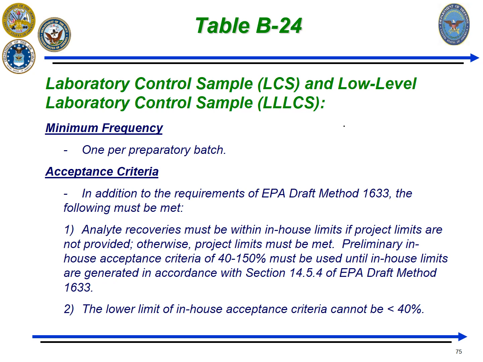Basically, when you're generating your in-house acceptance criteria, the preliminary limits that you use, before you generate those limits, are 40 to 150% recovery. After those limits are generated, the criteria we have is for the lower limit: that lower limit cannot fall below 40% recovery.